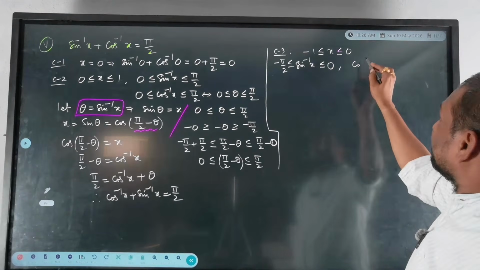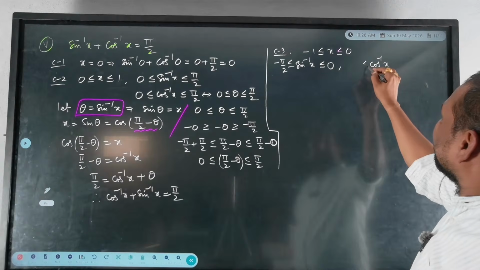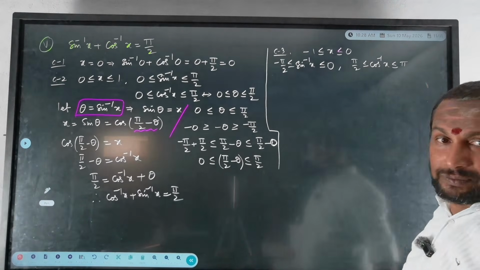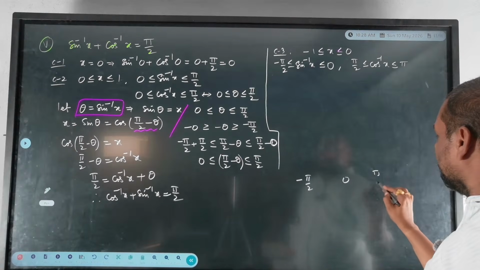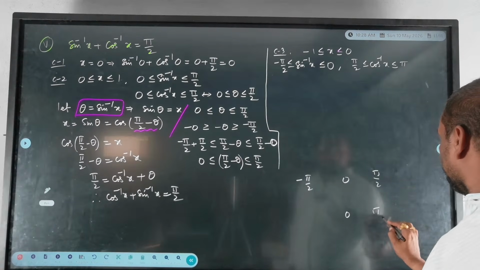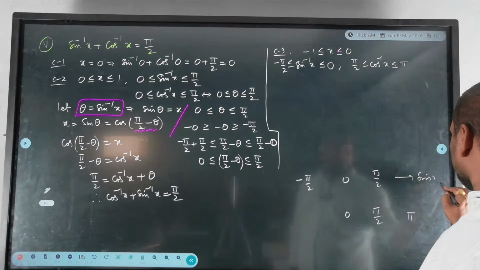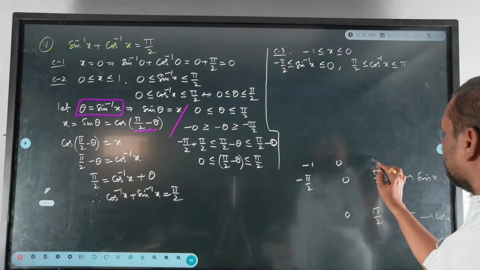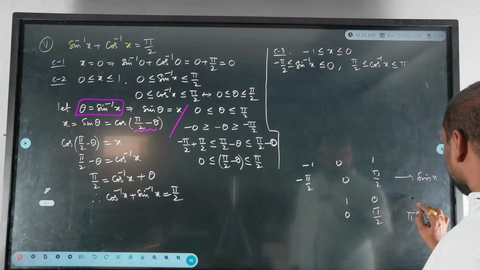What does cos inverse x become? It is pi by 2 to pi. Let us take that. Minus pi by 2, 0, pi by 2; 0, pi by 2, pi. This one is sine, this one is cos. Here -1 to 0, 0 to 1. Here 1 to 0 to -1.